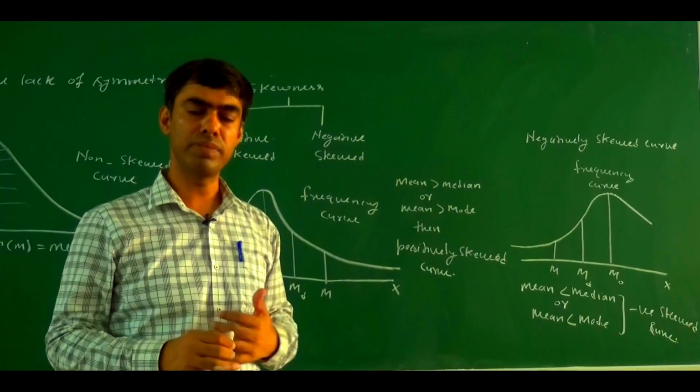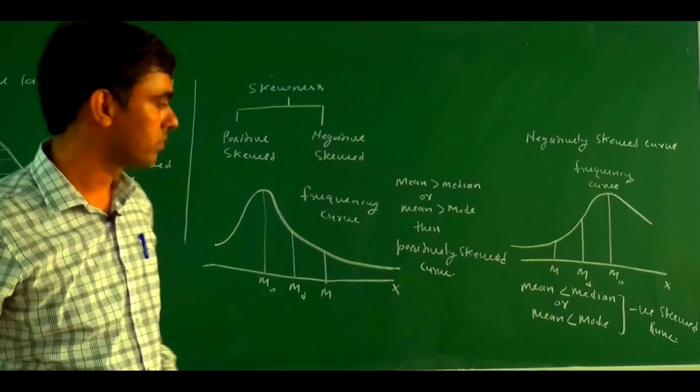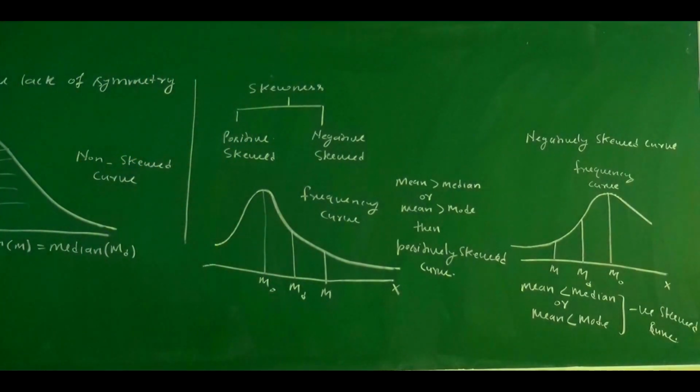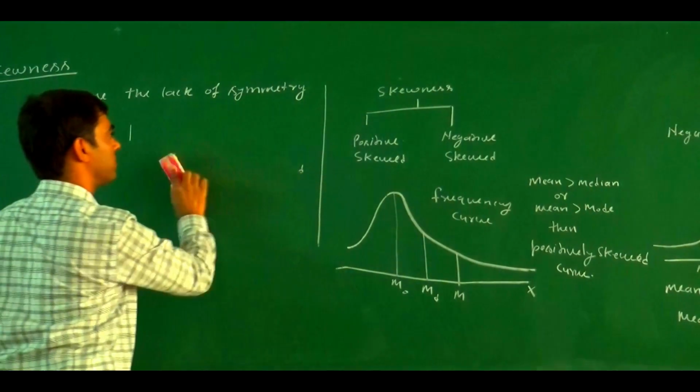So how do we mathematically measure skewness? There is an absolute measure and a relative measure of skewness.